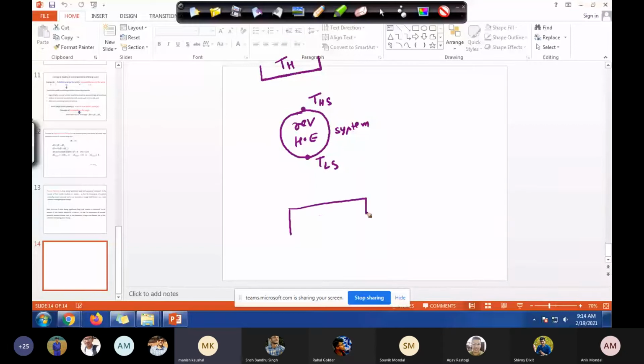This is TL, cold reservoir. When you say local temperature THS, listen carefully. So THS and TLS are local, and heat is coming, let's say, from here, QH, and this is going here, QL.